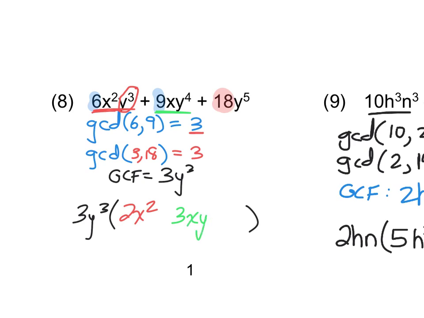And finally, 18y to the 5th divided by 3y cubed. 6y to the 2nd. All of the signs in the middle are positive, so I'm just going to bring them along for the ride. And this is our simplest form.